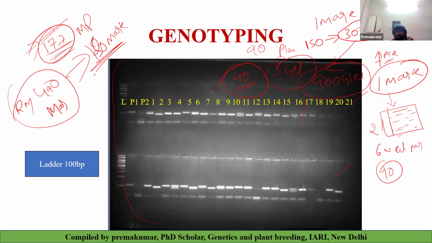Even if you are very good, one person can run only 6 gels. How many days will it take? It will take 3 to 4 months. Running only 150 markers for 177 individuals takes that much time. If you have a 500 mapping population and 500 markers, you can imagine how much time you have to give. It's a very difficult task.